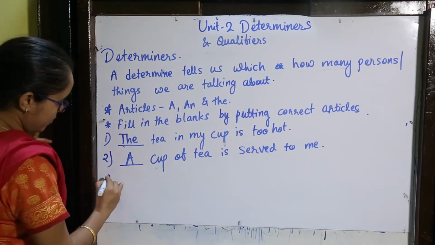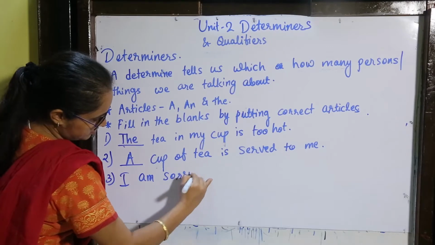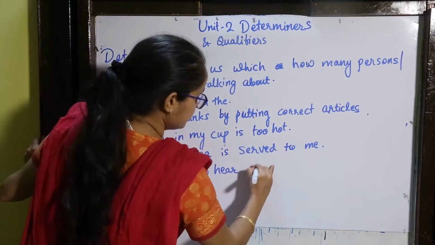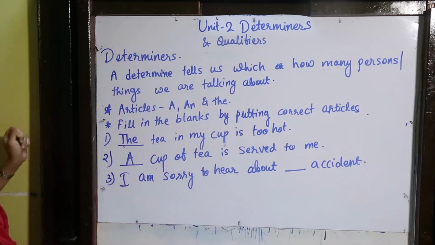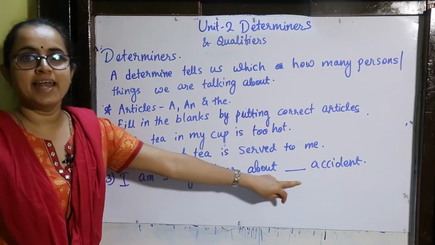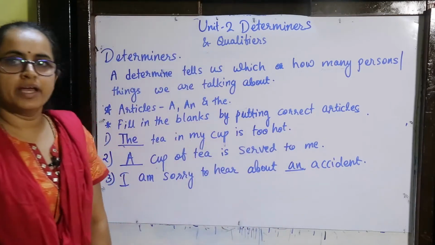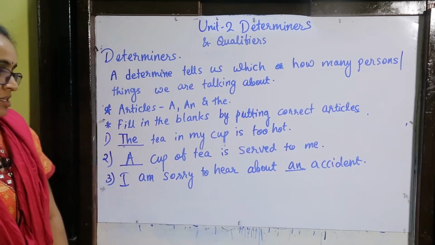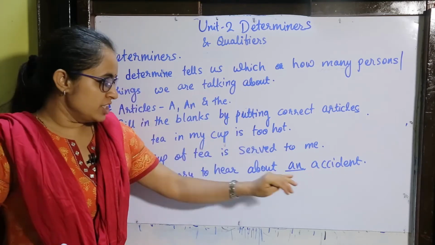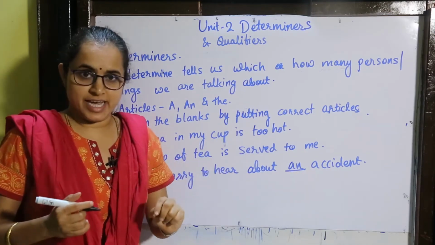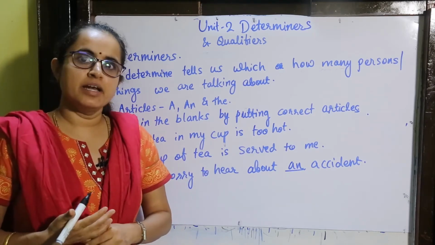Now the third point: I am sorry to hear about dash accident. So here: I am sorry to hear about an accident. The second point is, when we mention something for the first time, you use a or an.